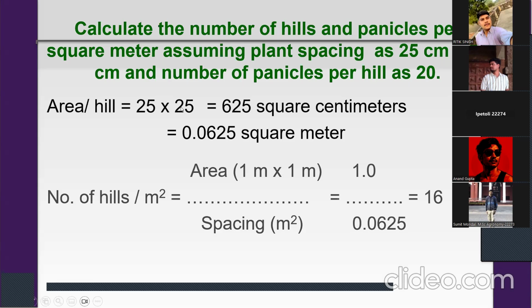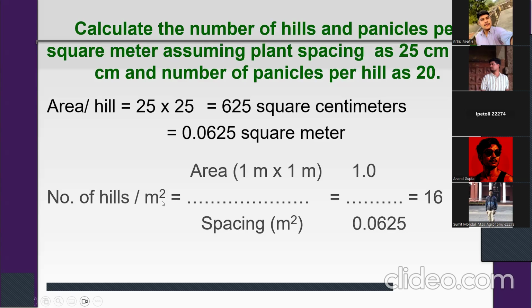So 25 into 25 centimeter square is equal to 625 square centimeter. You can convert it to square meter by dividing by 10,000. So it is 0.0625 square meter. So much area is required for one hill or one seedling.